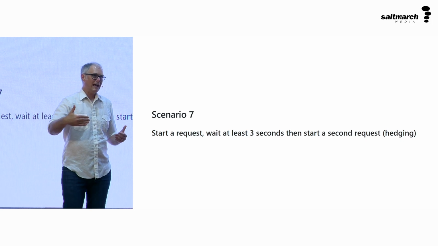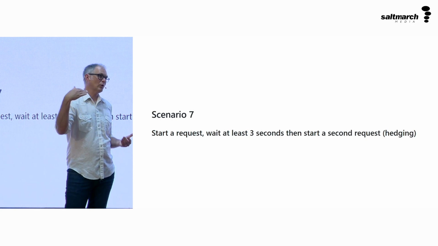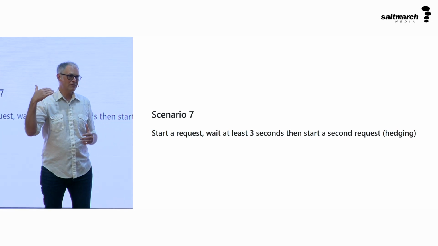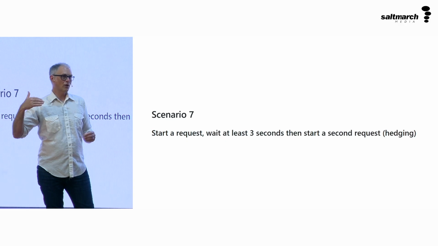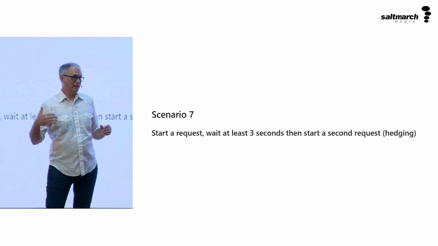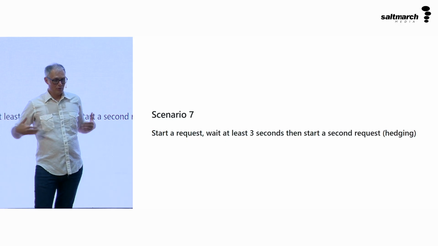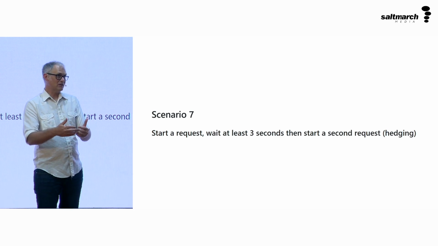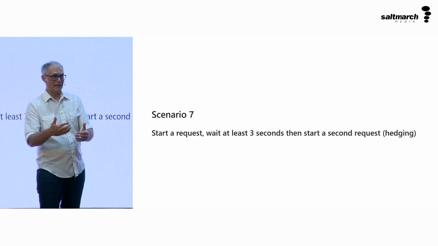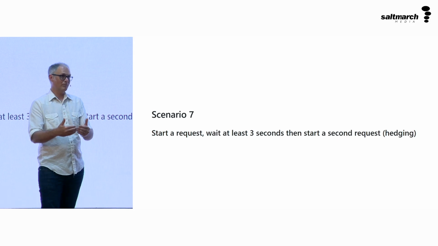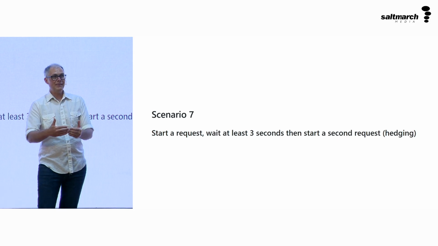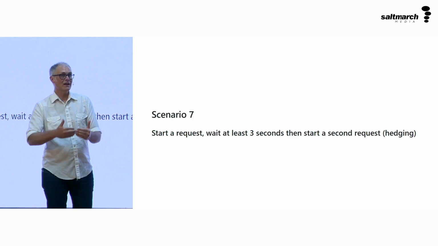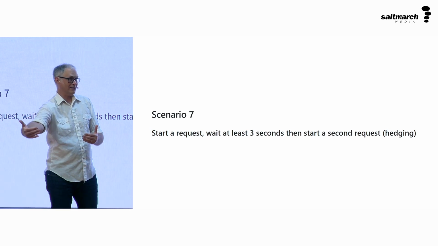Request comes in, and they kind of know what the typical latency of that request should be. So let's say it's 50 milliseconds. And so what they do in some cases is that request comes in, they wait that 50 milliseconds-ish, maybe they make it 40 milliseconds, but they relate it to their typical latency. And then if the response doesn't come back within that amount of time, they fire off a second request.